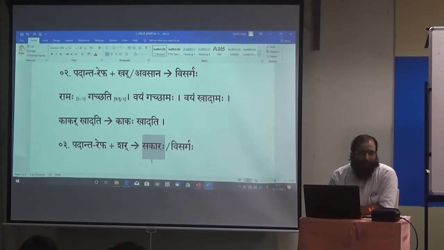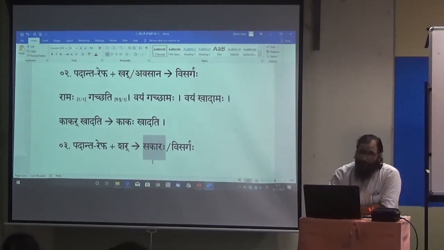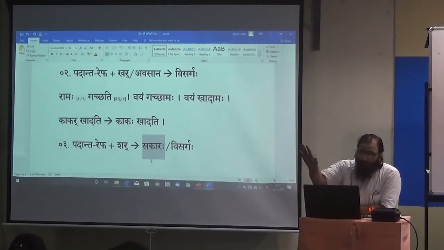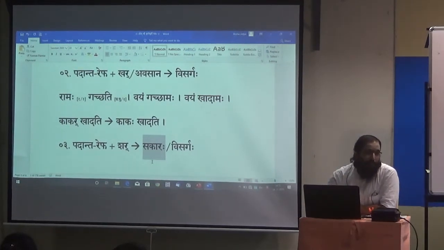When Padanta Repa is followed by Kar, that Repa will become Visarga by the previous rule. If it is followed by Shar, which is part of Kar, what happens? Visarga will remain as it is, or that will be replaced by Sakara.